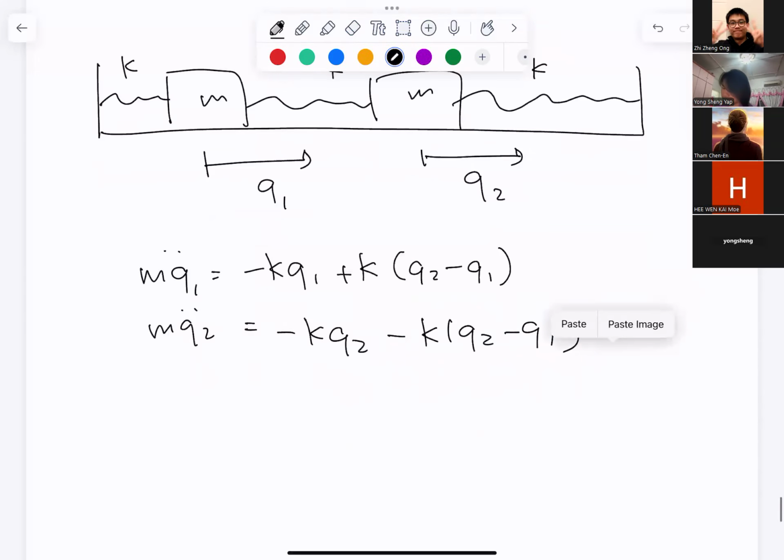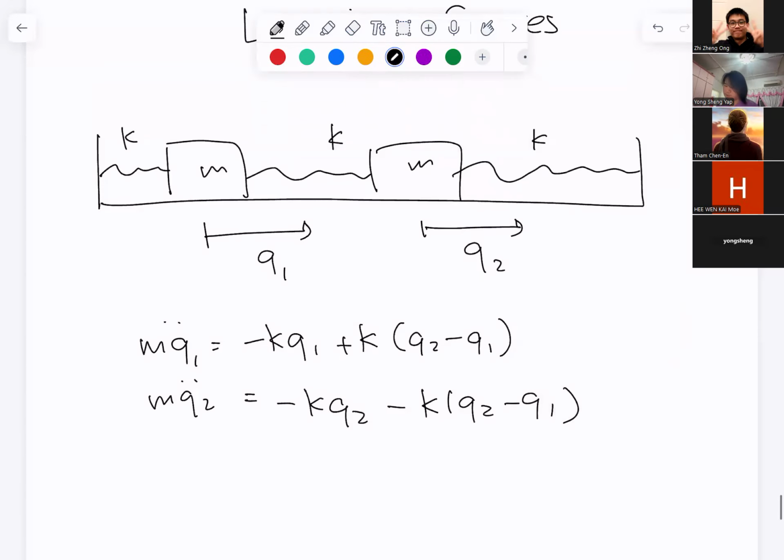This again gives you coupled equations of motion that have Q1 and Q2. The motion in Q1 is affected by the displacement in Q2, and the motion of the second block also depends on the position of the first block.